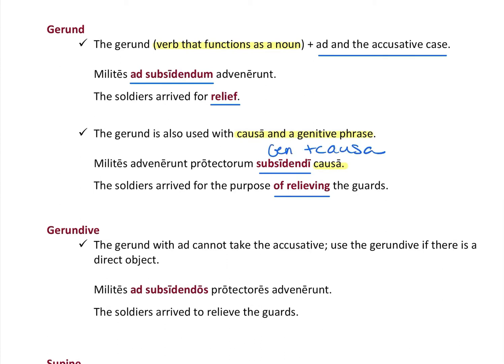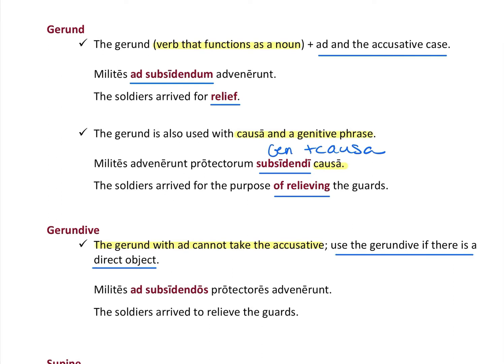Okay, all these things are in your chart books, but this should at least be tickling your brain a little bit. Hopefully some of this is coming back. So one of the other ways you've learned is about the gerundive. The gerund with ad cannot take the accusative. You have to use the gerundive if there is a direct object, right?